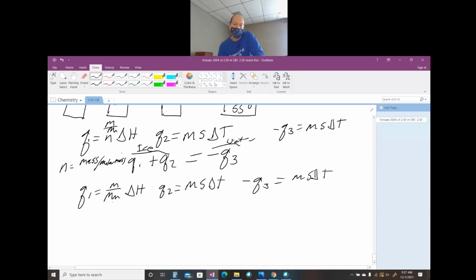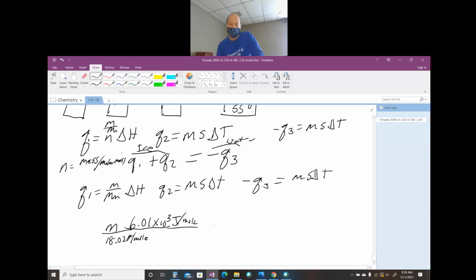We don't know the mass. We know the molar mass of water. The molar mass of water is 18.02. We know the delta H because they gave it to us, 6.01. Now that's in kilojoules times 10 to the third joules per mole. All right, and so the mass here is going to be in grams, and you end up with joules.